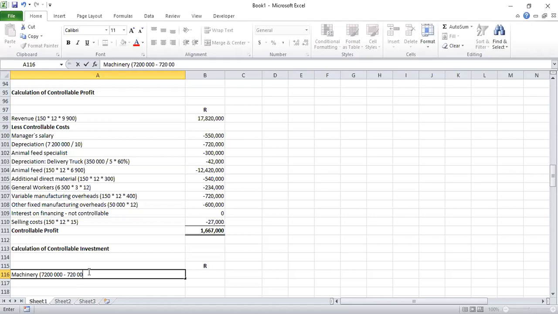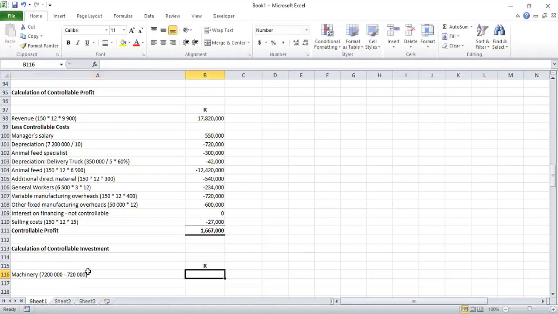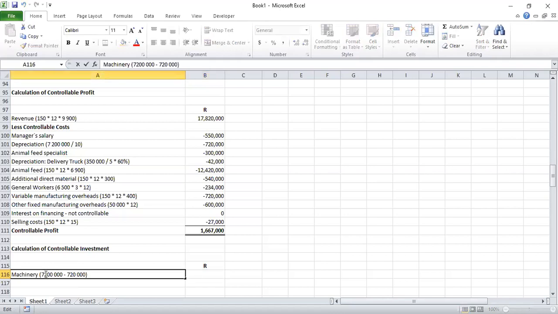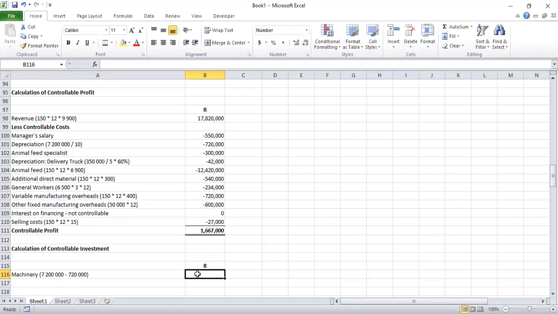Please note that we include our assets, just like in accounting, at cost minus accumulated depreciation. So in the second year, it will be 7.2 million minus 720 times 2. What do we get? $6,480,000.